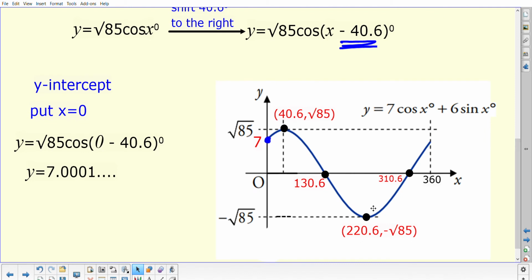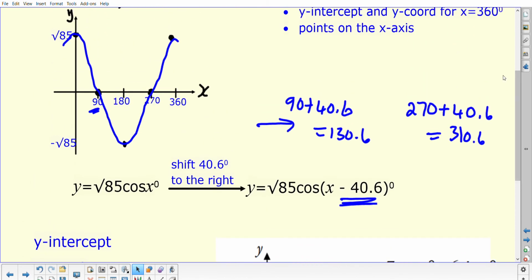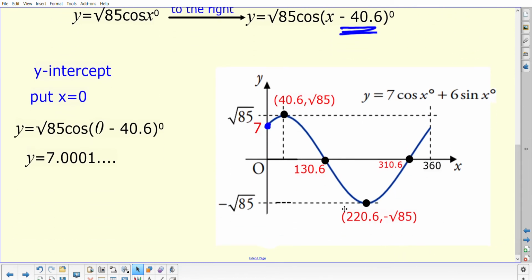Your turning points likewise, you had 0 here, that turning point, and it moves 40.6, and this one down here, which is 180, we'll add 40.6 onto that, and that's where you get the 220.6, minus root 85.